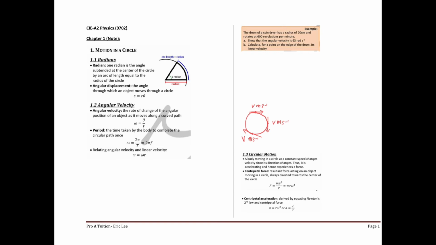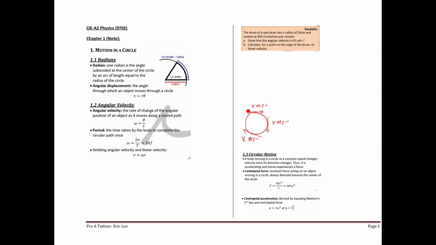So it has the same speed everywhere on the circular track. But when we consider velocity, velocity is a vector quantity. A vector quantity has magnitude and direction. The magnitude of the particles is the same, which is v meter per second.